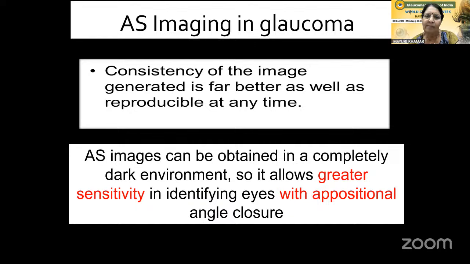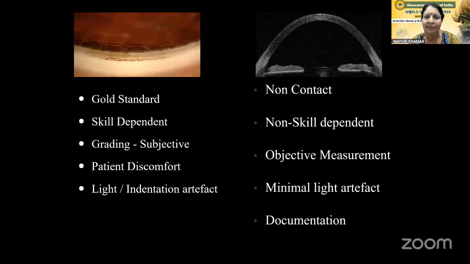How does imaging help? The consistency of the image generated is far better and reproducible at any time. And because it can be done in a dark environment, it allows greater sensitivity in identifying eyes with appositional angle closure. It is non-contact, not skill dependent, and gives objective measurement with minimal light artifacts.